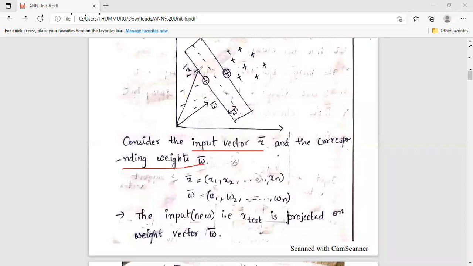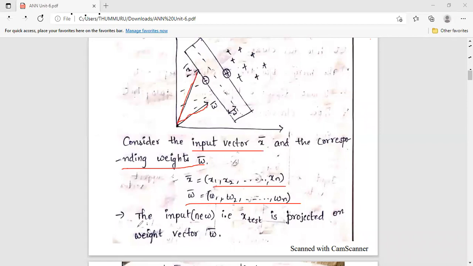This is the input vector line, this is the weight vector. The x bar represents x1, x2, up to xn, the input nodes. W bar is the corresponding weights of the input nodes.